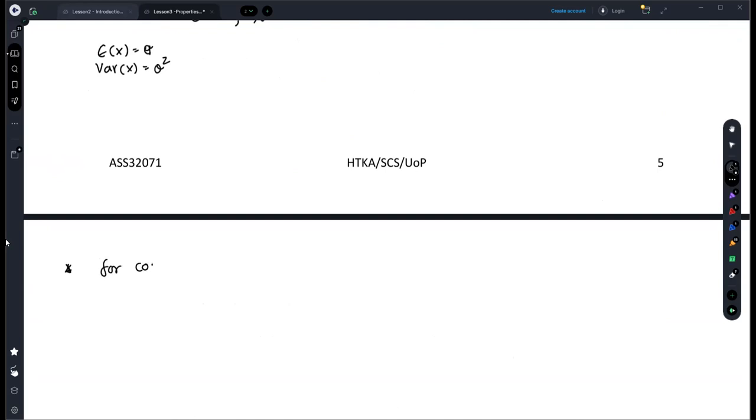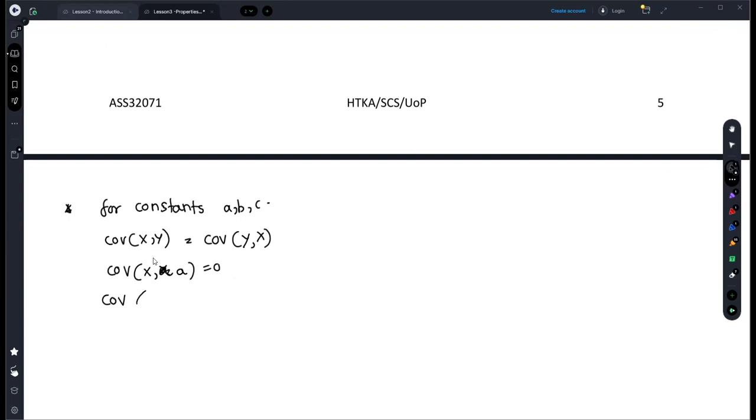For constants A, B, C, you have covariance of X, Y is the same as covariance of Y, X. I hope you already know them. The covariance with a constant is 0.